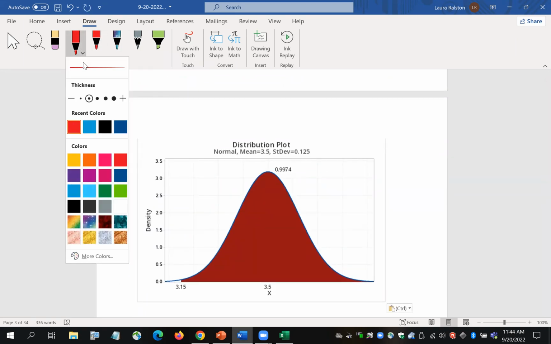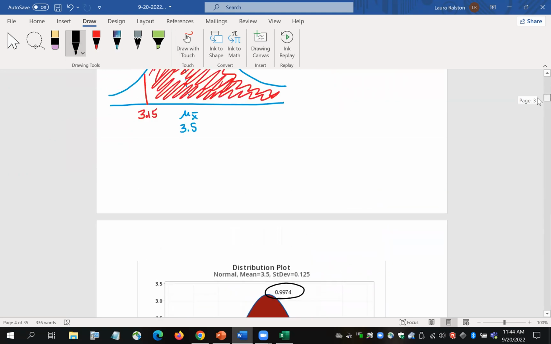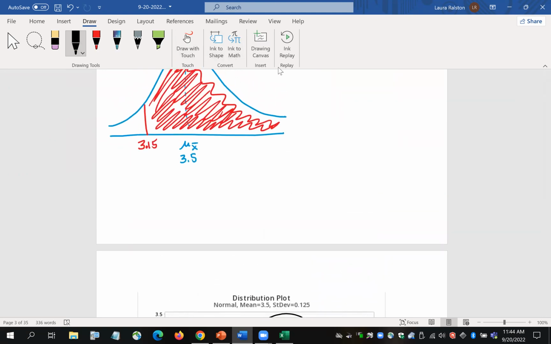It looks like the whole thing is red, but it's really not. There is a little bit of a white region way down here in this tail. But we're looking for this value that's hanging out in space. So approximately 99.74% of the students take longer than 3.15 hours to take the SAT.